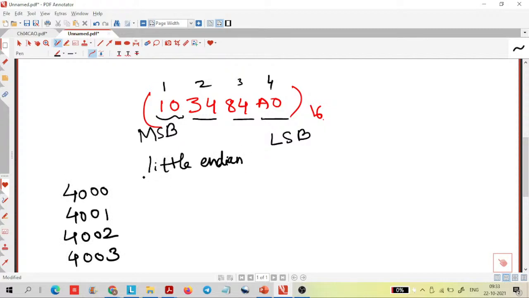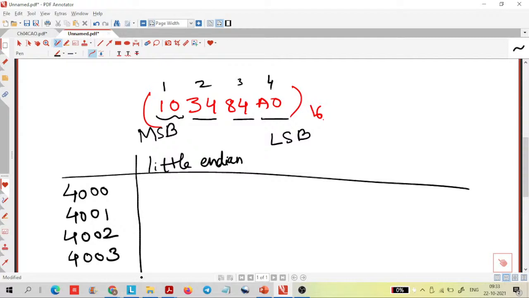Can anyone unmute and tell the answer? Little endian, big endian. Yes, roll number 7. So what is little endian? What data is stored in the lowest address?